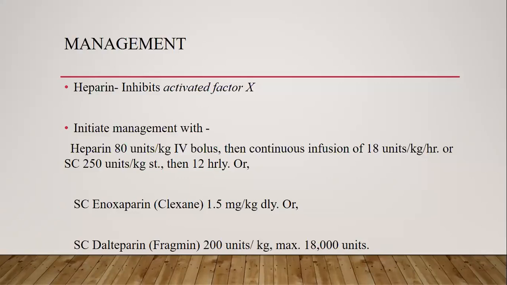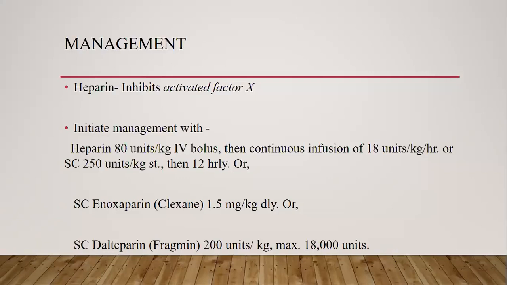So you need to give something first. Then you are giving warfarin in the background. By the time you move from what you've given in the initial phases, warfarin would have hit its higher level and it will start working. Okay, so that is the mentality behind it, and that's why we usually see us giving heparin and then warfarin, and then we'll taper off, we'll stop the heparin, and then the patient takes the warfarin.